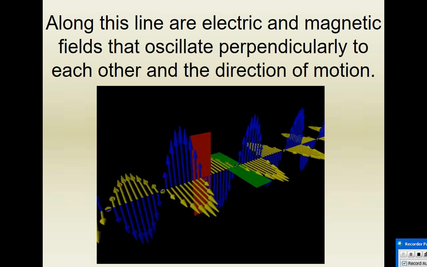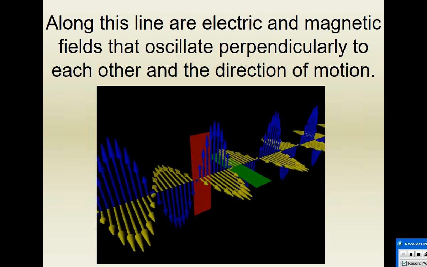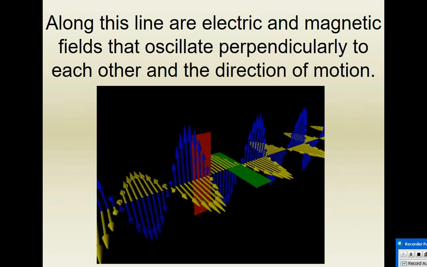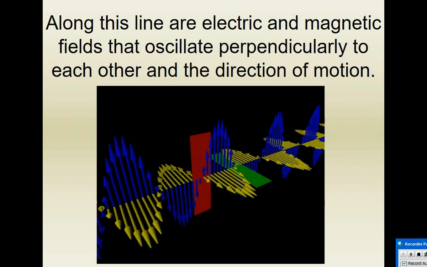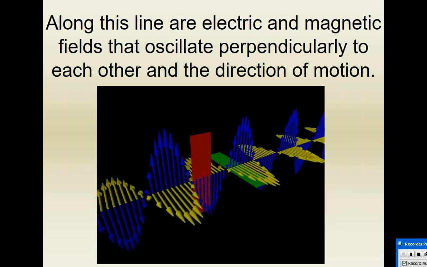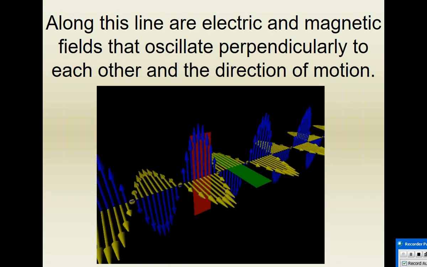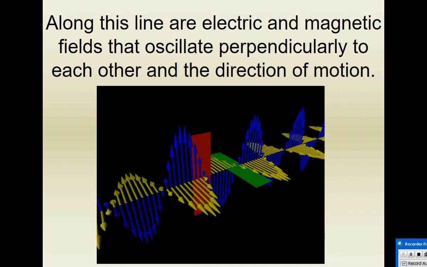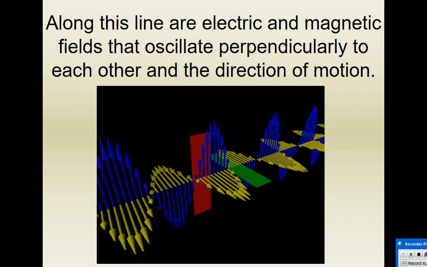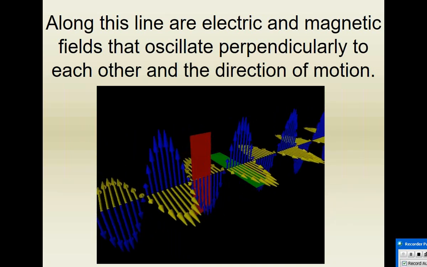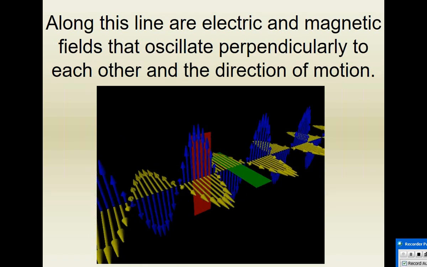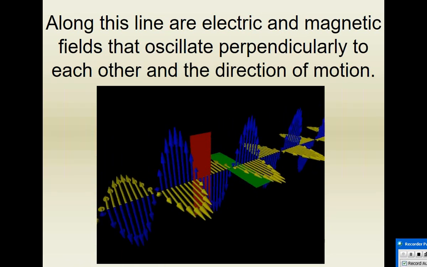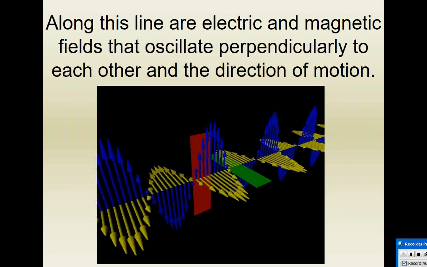Now, why are they perpendicular to each other? Well, the electric field is going to be more or less in the same direction of oscillation as the charge in the antenna. The charge oscillates up and down. The electric fields are oriented up and down. But recall that magnetic fields are perpendicular. So if the charge is moving up and down, let's say in the z direction, the magnetic field is going to be in the xy direction.